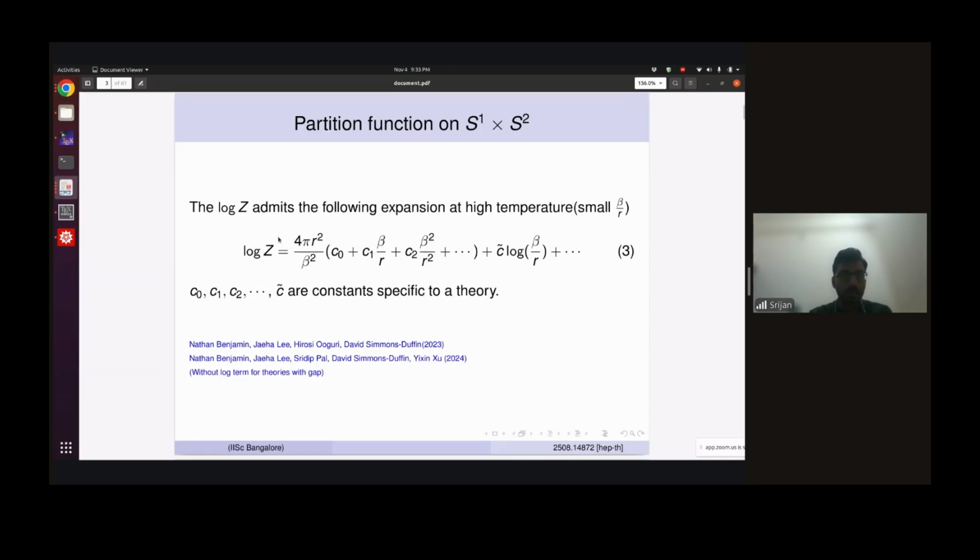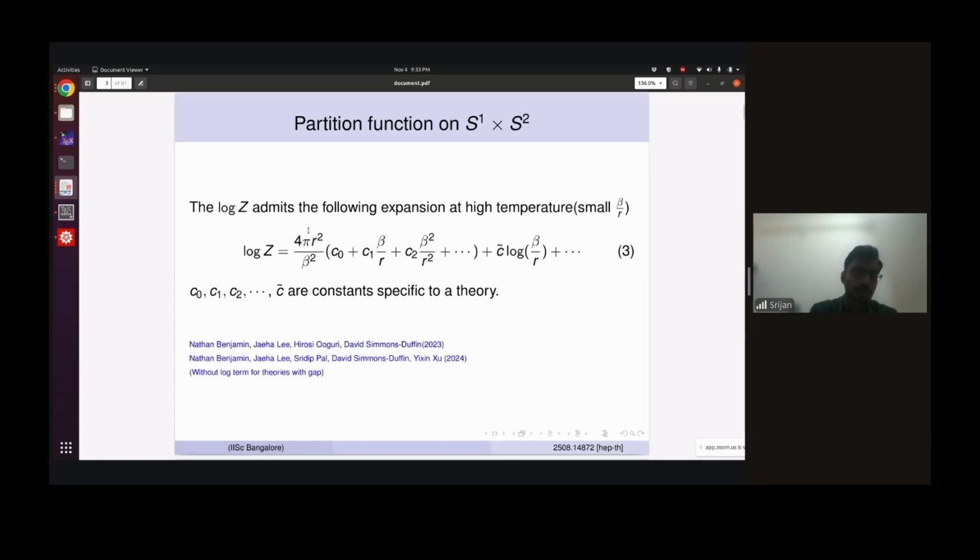Then this free energy, or just log Z, admits a high temperature expansion. High temperature means a small beta by r expansion. The leading term will be very familiar to you: in the numerator you have 4 pi r squared, which is just the volume of the sphere S2, and then the inverse temperature squared.